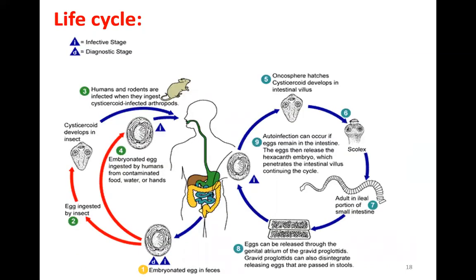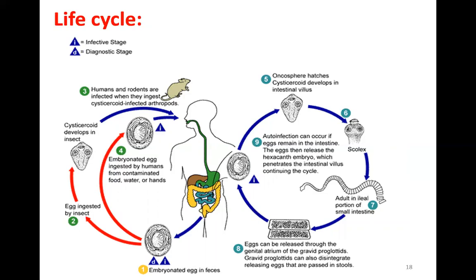In the second pathway, these eggs are ingested by an insect, and within the insect cysticercoids are developed, and human beings and rodents like mice can be infected when they ingest cysticercoid-infected arthropods.